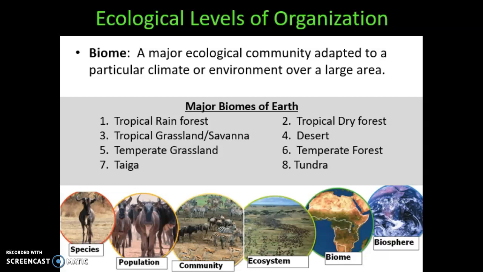The tropical rainforest, the tropical grassland or savanna, the temperate grassland, the taiga, the tropical dry forest, the desert, the temperate forest, and the tundra. Right now in Pennsylvania, we live in a temperate forest.